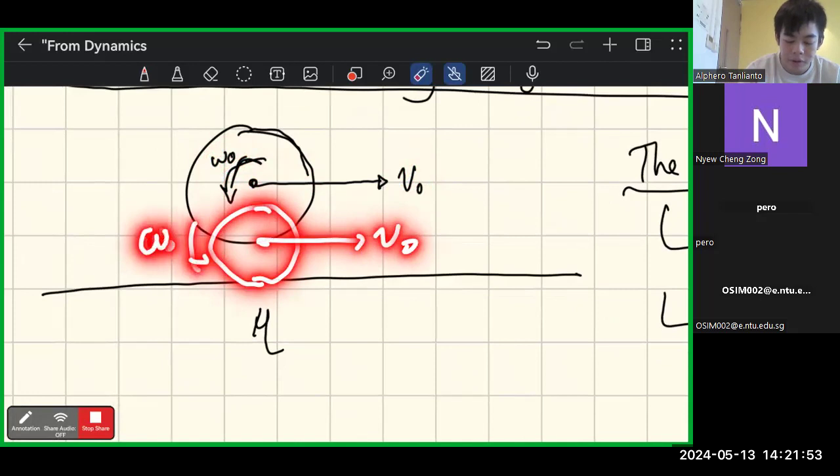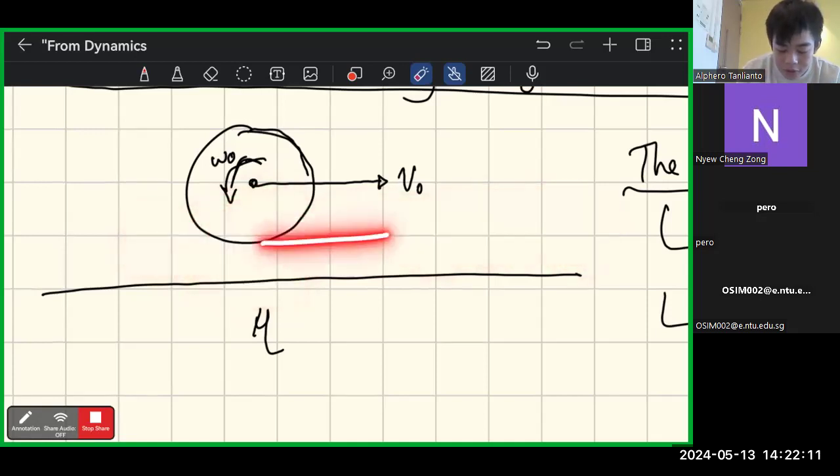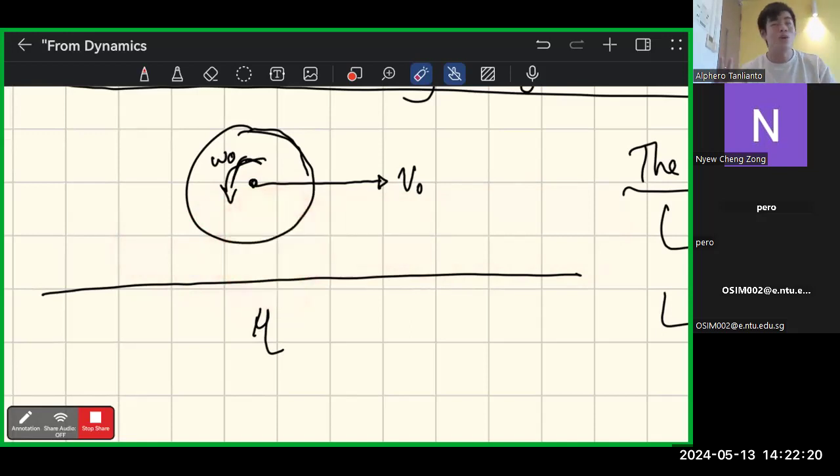So it will not synchronize, because if you want to move this way, of course your omega will have to be clockwise, right? But at first it's going rightwards while rotating this way. So it's not synchronized. It's just two motions that are not related at all.